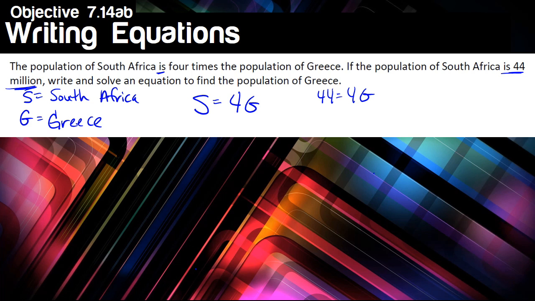Now let's get the population of Greece by itself. We're going to divide both sides by 4. So we know that Greece is equal to 11. It's not just 11 people. Our label here is in the millions. So we can say that Greece is equal to 11 million. The label is important.